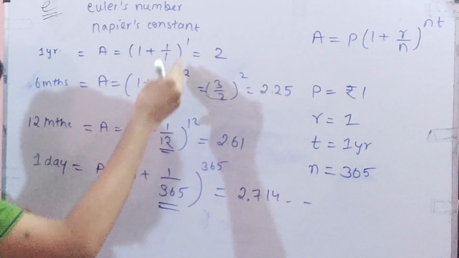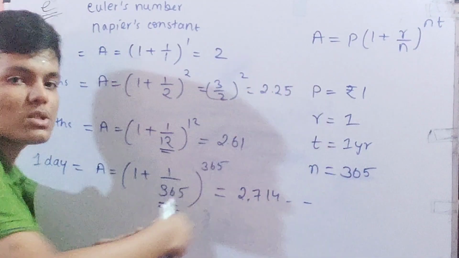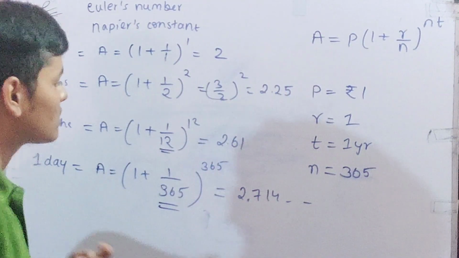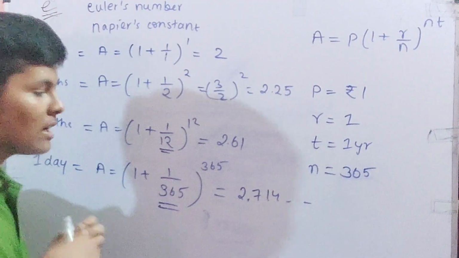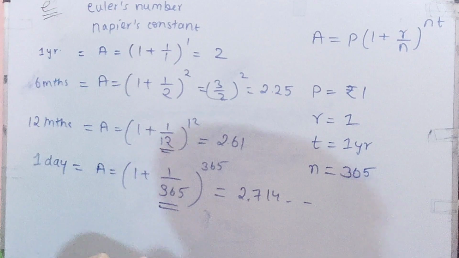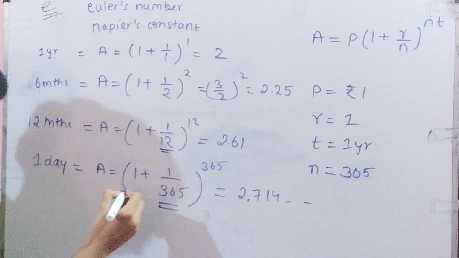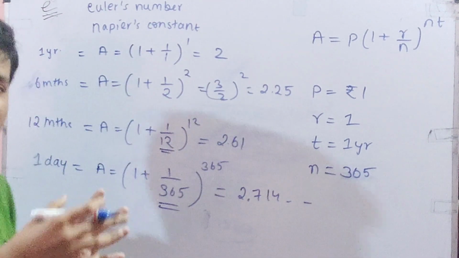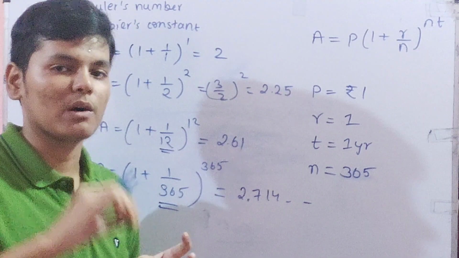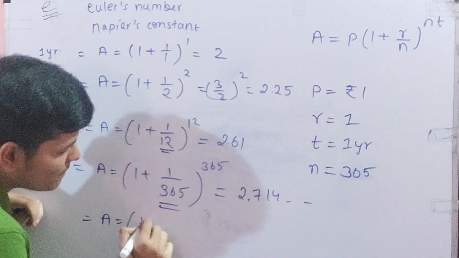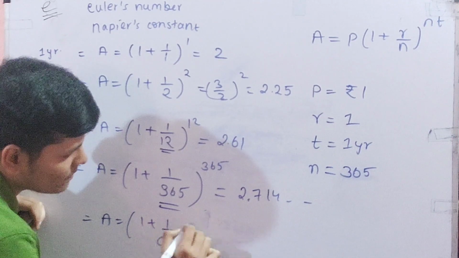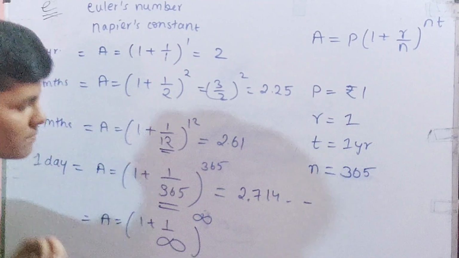We were increasing the number till 12, and we saw that the growth was good, considerable growth. But after increasing it from 12 to 365, the growth slowed down. Now what mathematicians, or Euler, did is that instead of taking any amount as base, forget the concept of bank or interest or whatever it is, and take the value of A to be 1 plus 1 by infinity, to the power infinity.